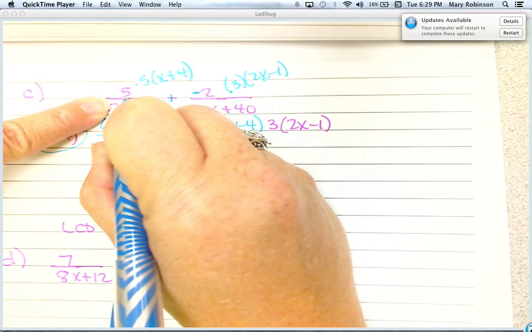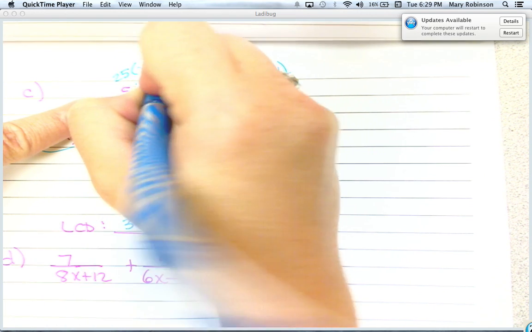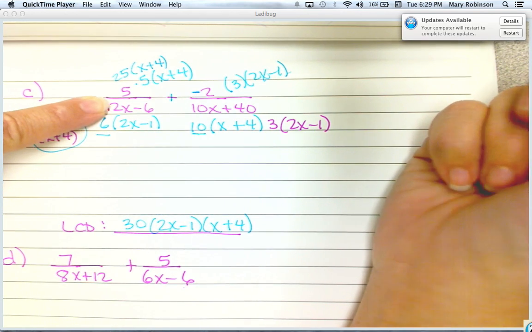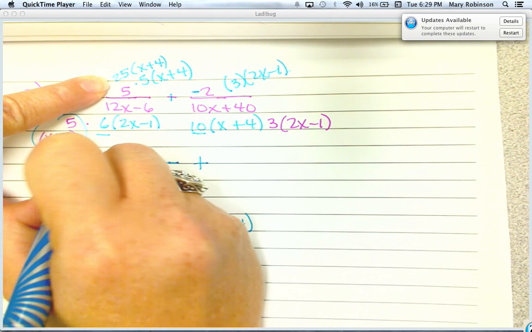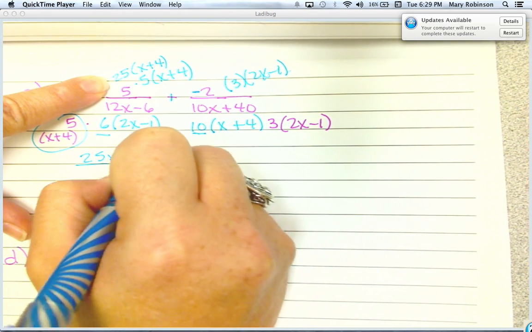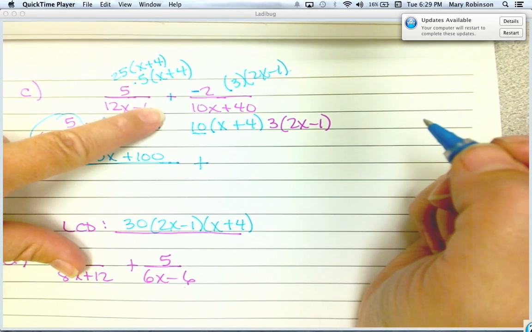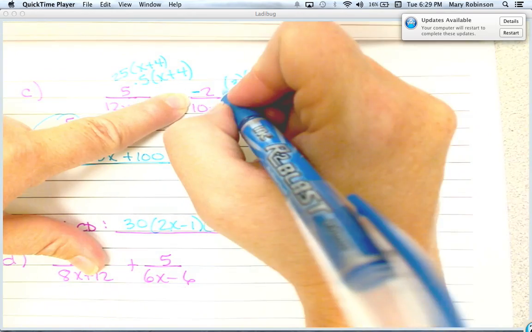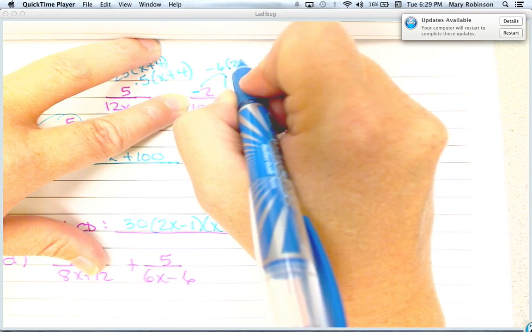Now over here, 5 times 5 is 25 times the quantity x plus 4. When you distribute that, you're going to get 25x plus 100. Now note, I'm changing the minus here to a plus sign because I moved my negative over here. Negative 2 times 3 is negative 6.